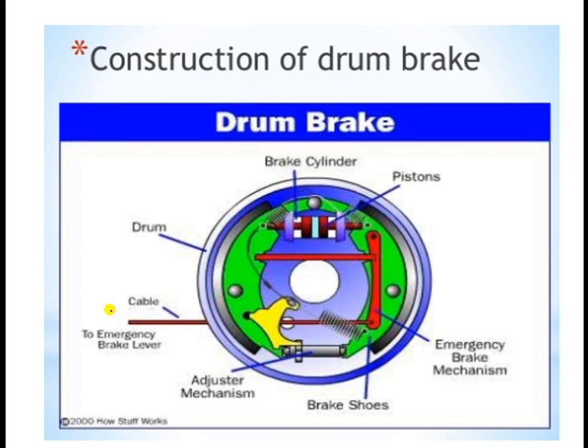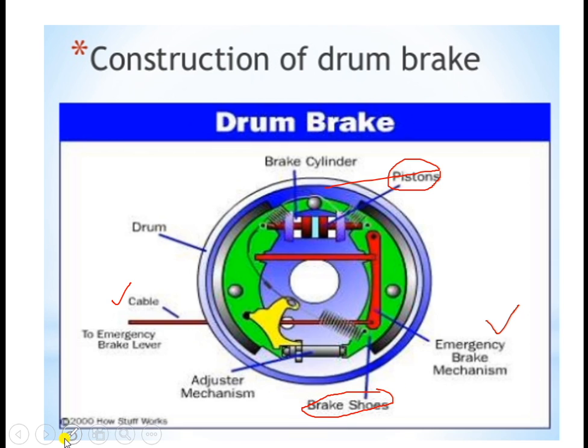Now this cable is for the emergency braking system, which is generally available in heavy duty vehicles. The emergency braking mechanism is also there. The pistons are shown here. Brake shoes are the important components.